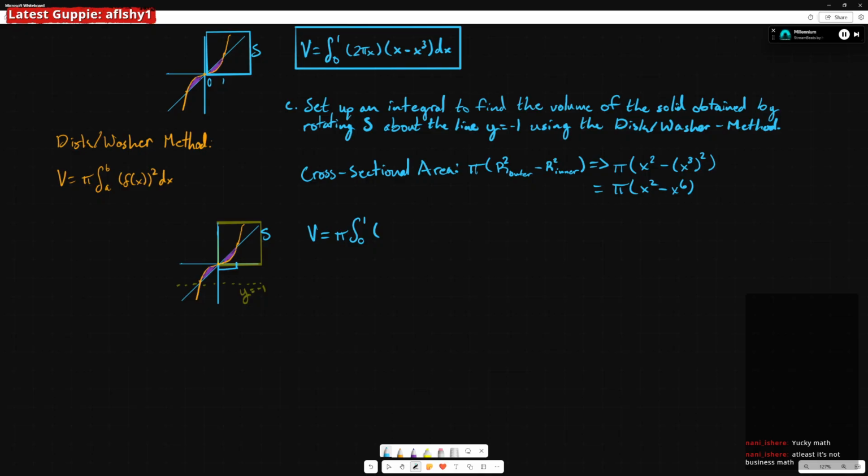Double check this, which is then just equal to that. So x squared minus x to the 6th dx. Okay. And that would be our answer.